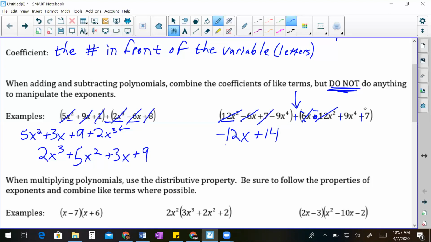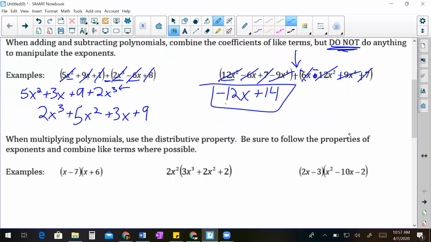So plus 14. The last thing, negative 9x to the fourth. Do I have any other x to the fourth? Yep. Negative 9x to the fourth plus 9x to the fourth. Well, that just cancels each other out, so 0. So my answer is just 12x plus 14. And it's already in the proper order. I've got the x's first and the constant last. So those are not that difficult.